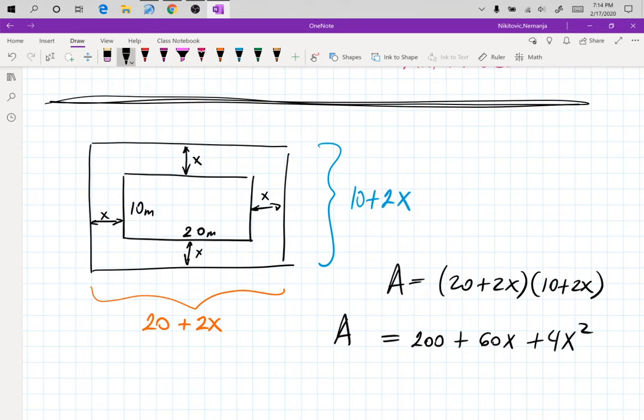Now, do we also see the flat 200 area of the pool? 10 times 20 is 200. That's the fixed part. Your x cannot affect that. If you put no border, x is 0, right? There is no width. X is 0 meters, then that kills this term, and the only thing that is left is the pool. 200.